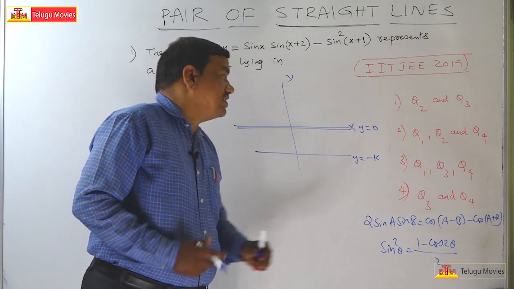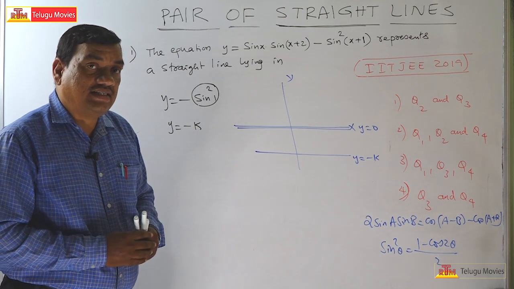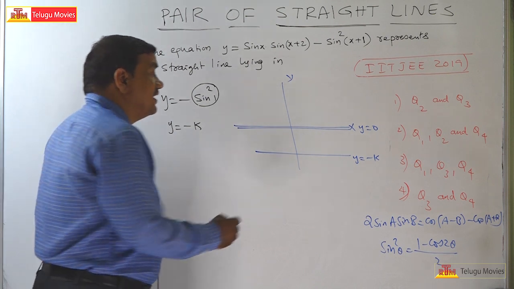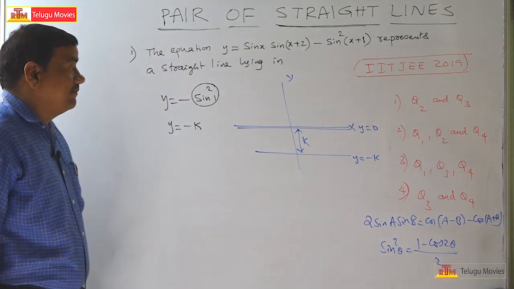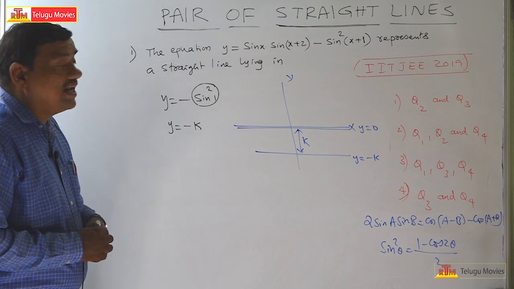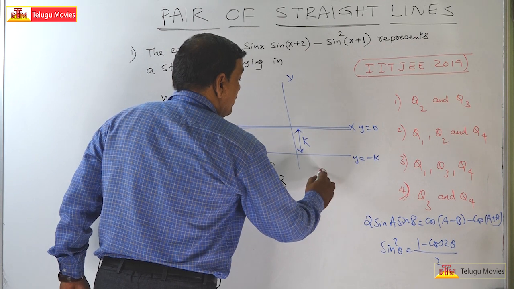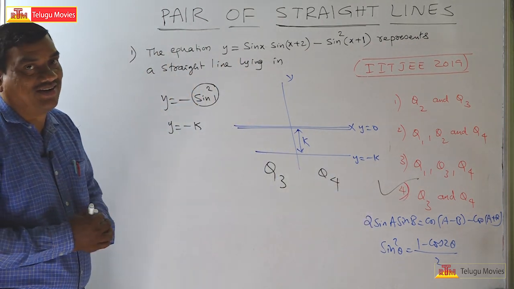Therefore, the y is equal to minus k line lies below the x-axis definitely, and it is parallel to the x-axis, and it has a distance of some k units from the x-axis. Therefore, this line passes through quadrants Q3 and Q4. Therefore, option 4 is your correct answer.